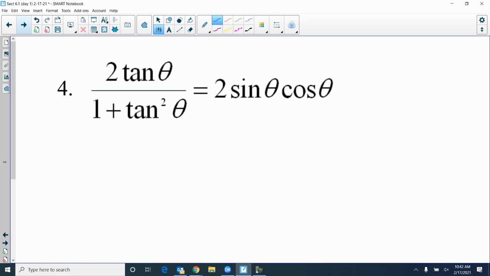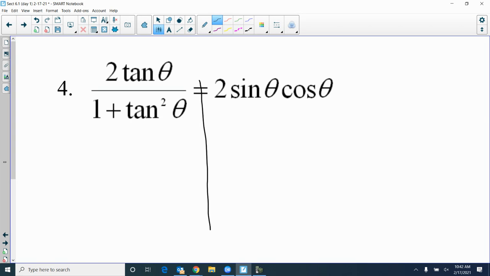There's a quick way and a not so quick way on this one. First thing I'm gonna take a look at, anytime you got a 1 and you got something squared, does it show up as one of your identities? And is 1 plus tangent squared one of our identities? Hopefully we see that. What does that equal, Tyler? Secant squared.